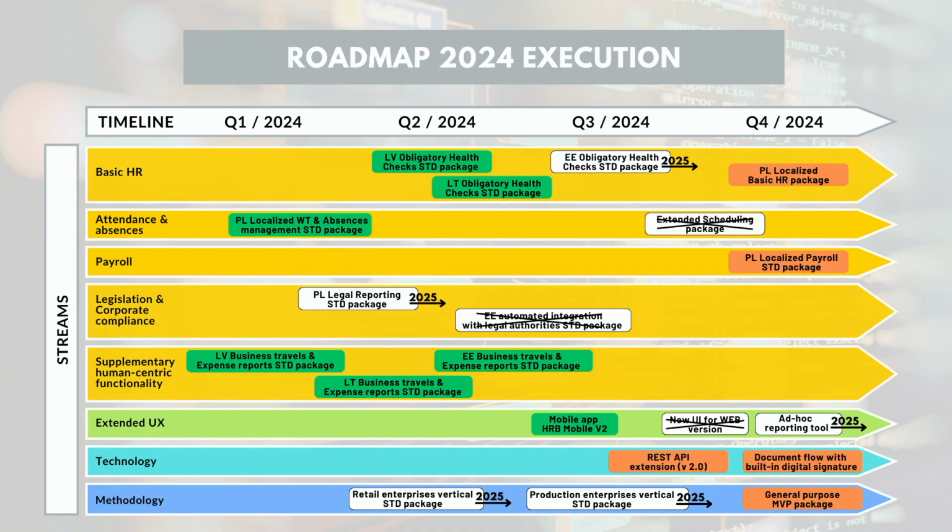And here is the current status of our 2024 roadmap. You see something is thrown out for some reasons. I won't focus on it, because during roadmap execution we keep analyzing. Roadmapping is a continuous process.